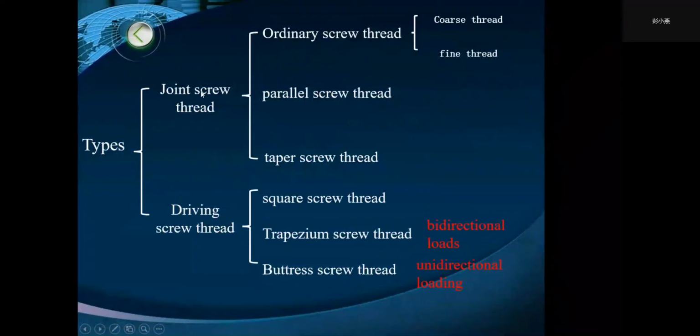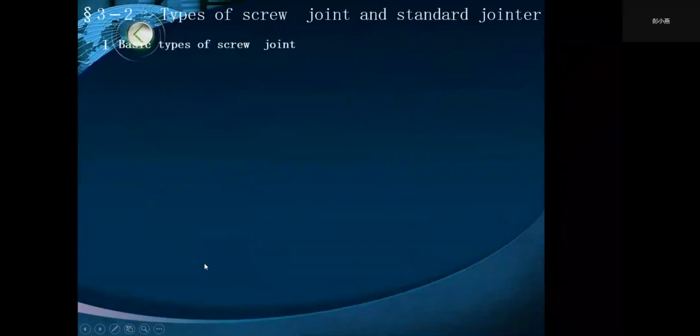The triangle thread is joint screw thread, and square screw thread, trapezium screw thread, and buttress screw thread are driving screw thread. Okay, this is the basic conception and types of screw thread.